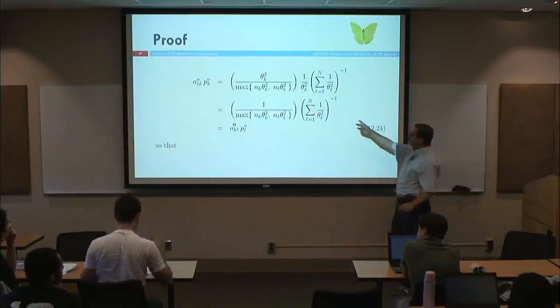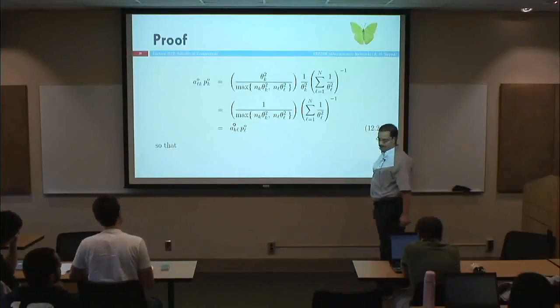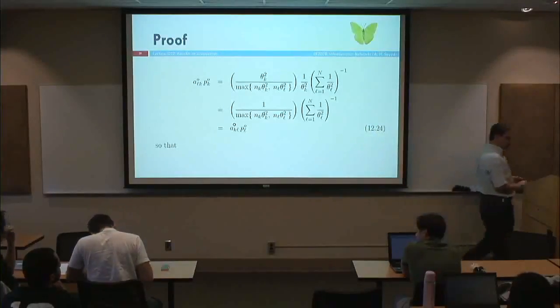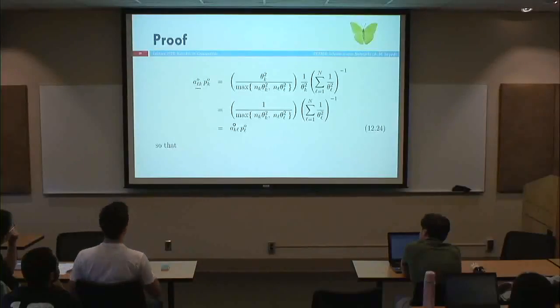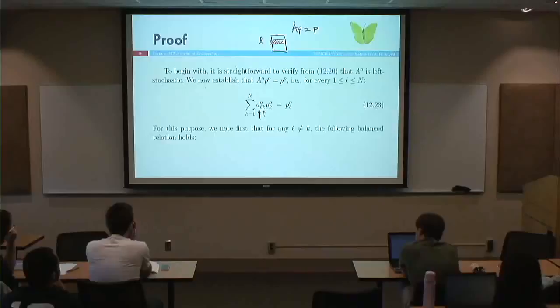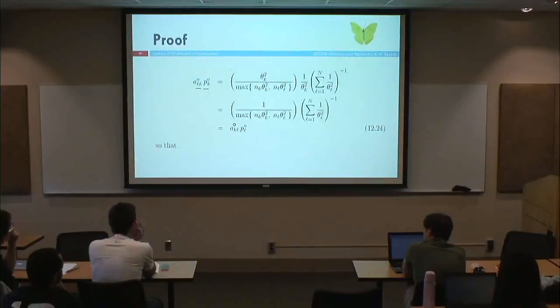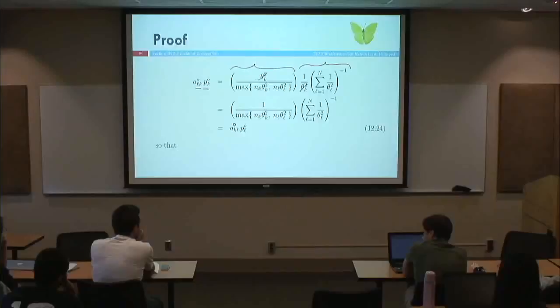First, let me show you the symmetry relation, which is useful. So let's take A_LK multiplied by P_K, which is exactly what you have here, correct? Take these two scalars. I gave you the expression for A, I gave you the expression for P, correct? This theta cancels this theta.